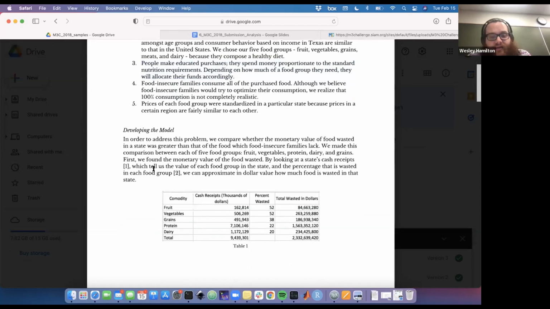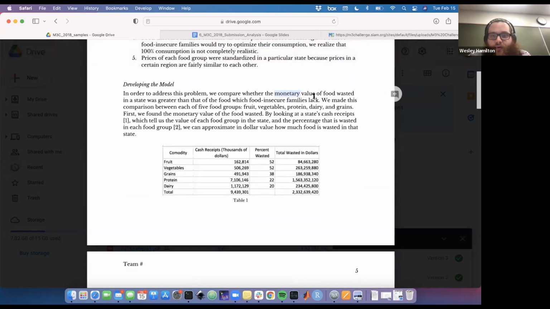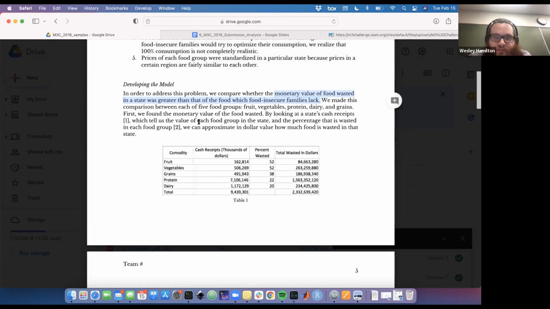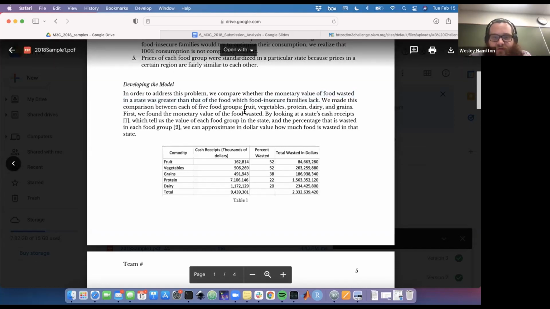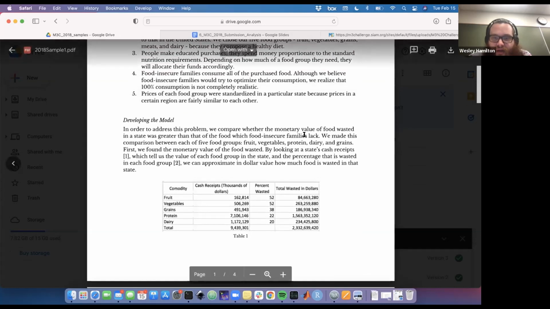Okay, so getting back to this, right? Developing the model, they decided to go the route of looking at the monetary value of everything. They focused on different food groups, monetary value of the food wasted. So looking at states' cash receipts and the percentage that is wasted in each food group, they can approximate in dollar value how much food is wasted in that state.